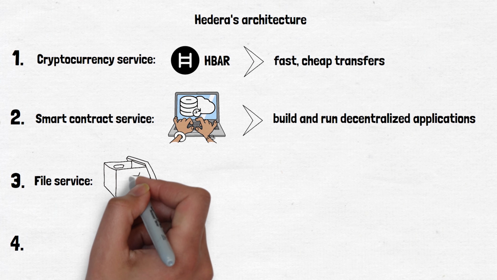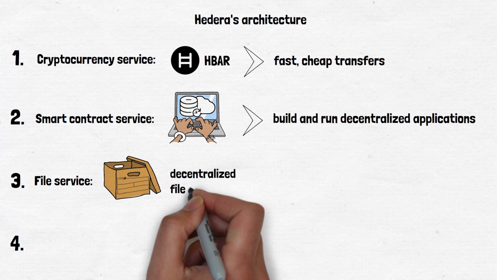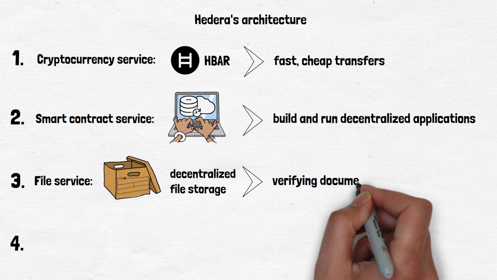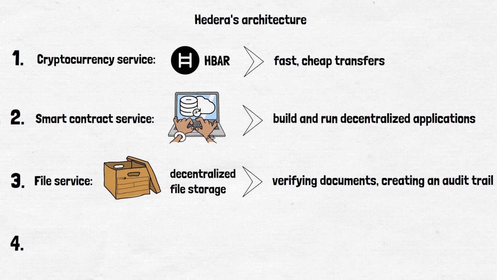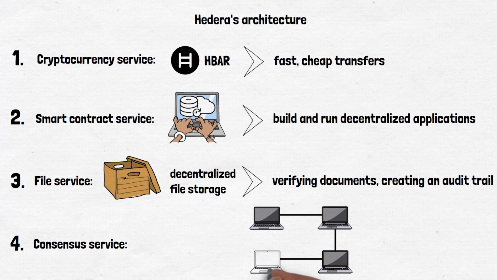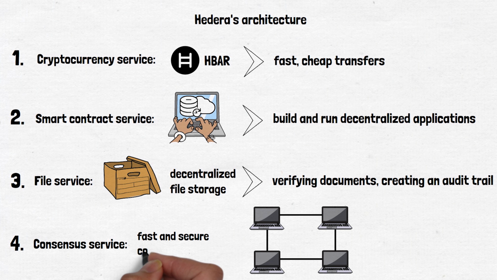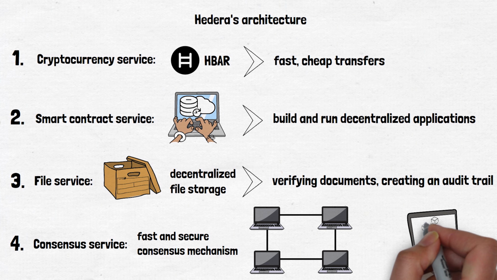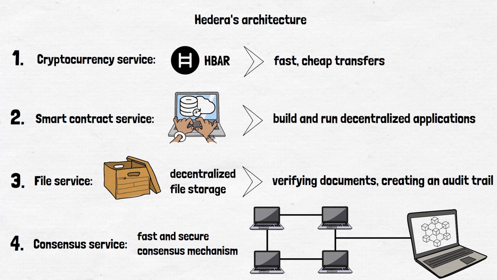This allows for decentralized file storage and can be used for things like verifying documents or creating an audit trail. Finally, there is the consensus service. This is really powerful. It lets other applications use Hedera's fast and secure consensus mechanism for their own needs. Imagine being able to tap into Hedera's speed for ordering transactions in your own blockchain project.